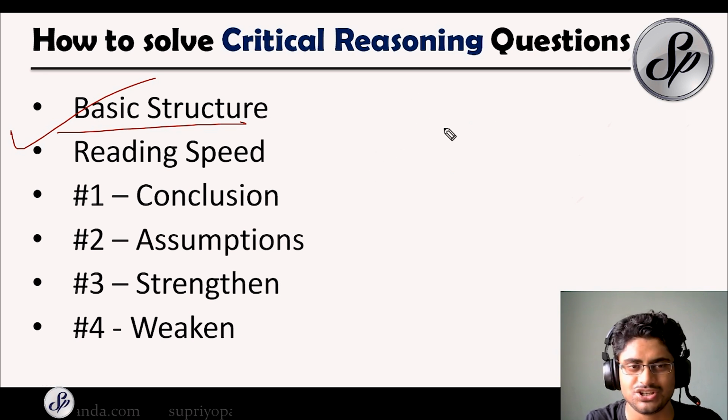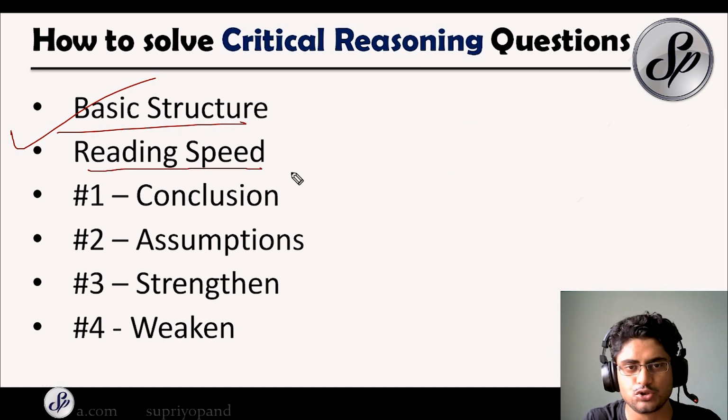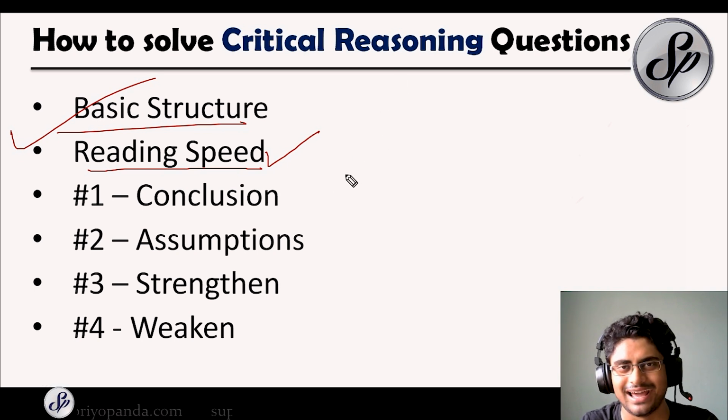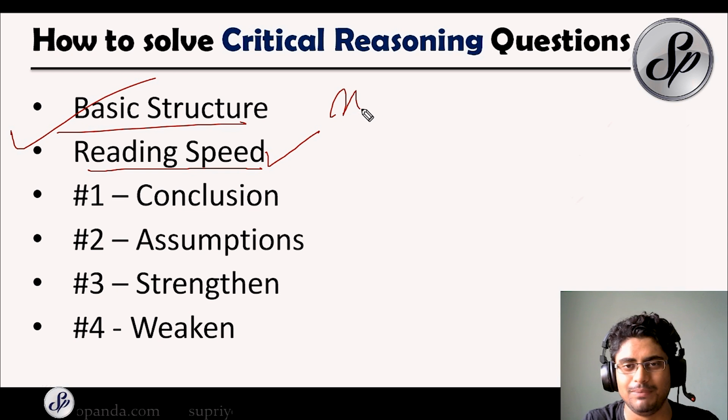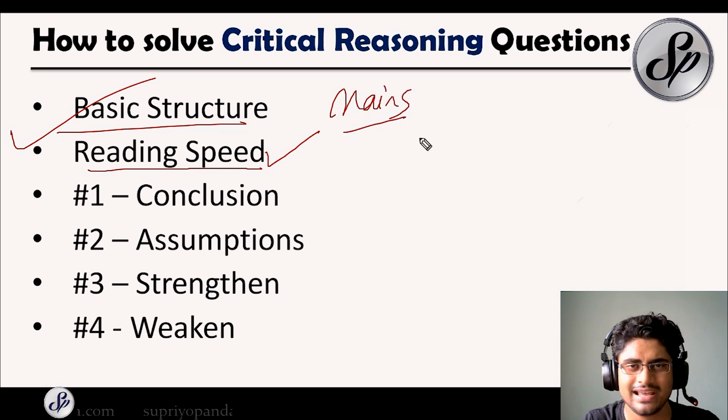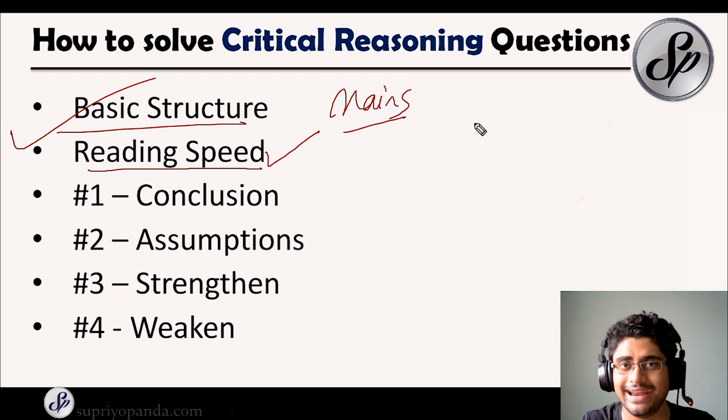Now reading speed is also very challenging for many people, because many people tell me that there are so many lines in these questions, especially in the mains. You have these long logical reasoning or critical reasoning questions, and it becomes challenging to read them. What I tell these people is to scroll down and find the question.